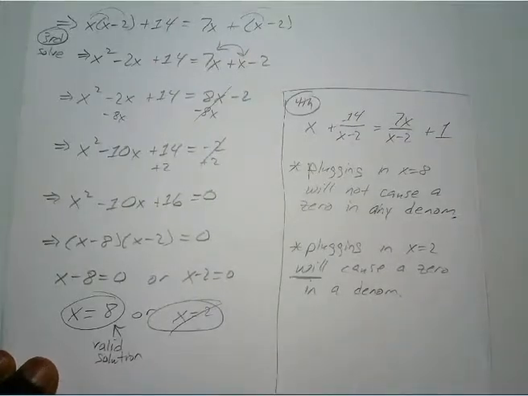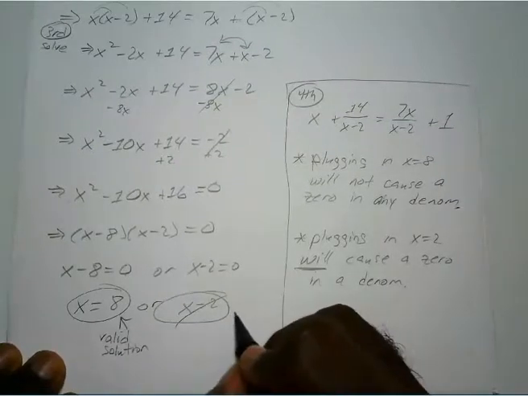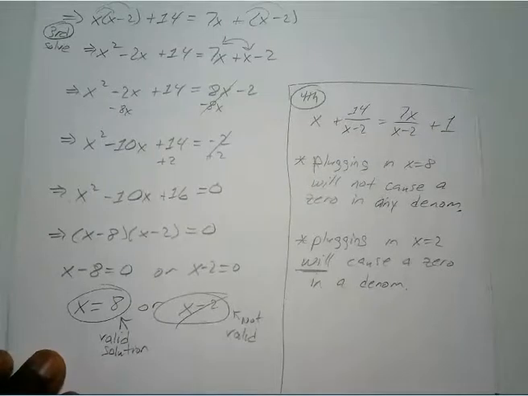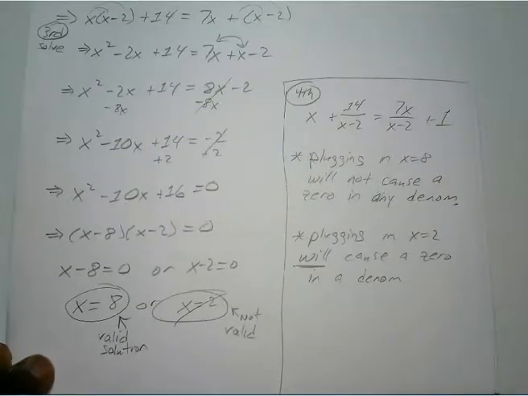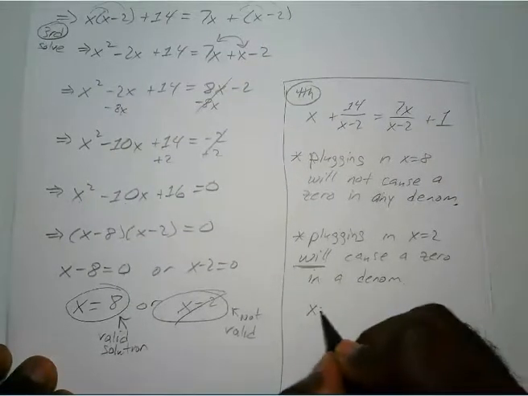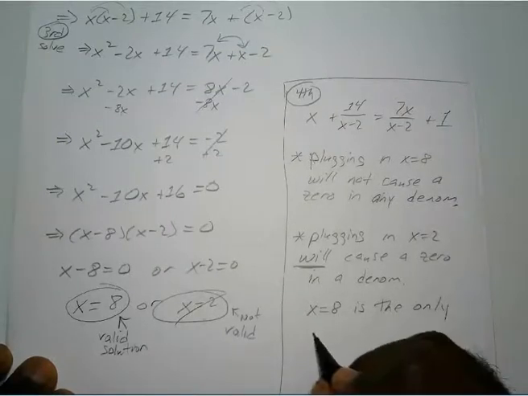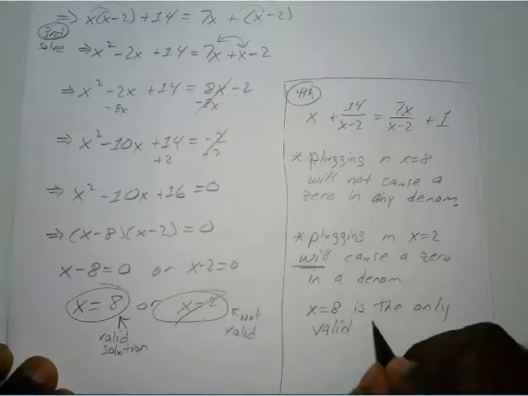So x equals 2 is not valid. You can't use that one. So x equals 8 is the only valid solution.